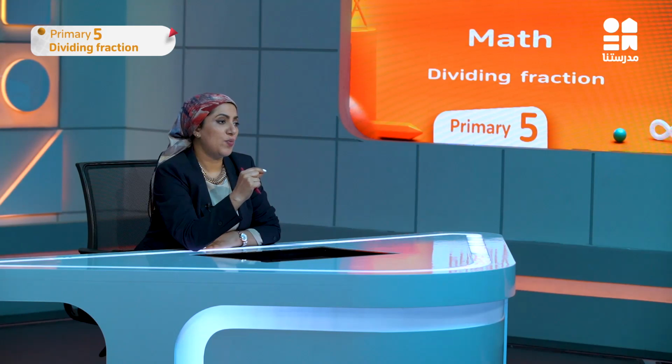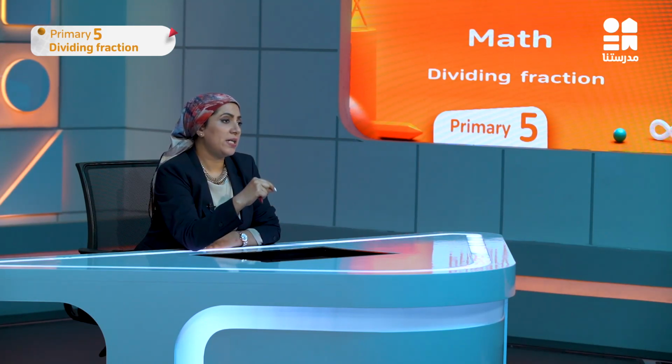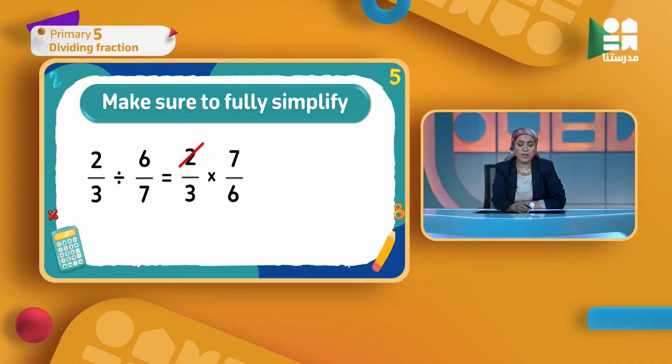When I multiply, as we said last time, before I start to multiply, I have to simplify to the simplest form. So I start with any numerator and check with the denominators to see if I can do this. If you look at this example, here the 2 can be simplified with the 6 because they have a common factor, which is the 2.